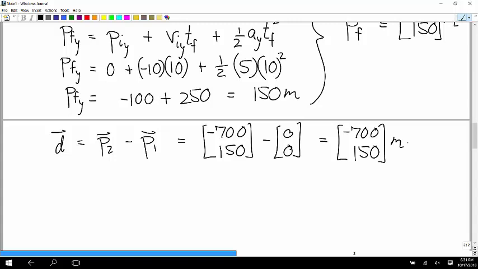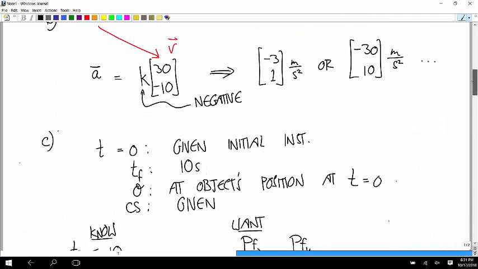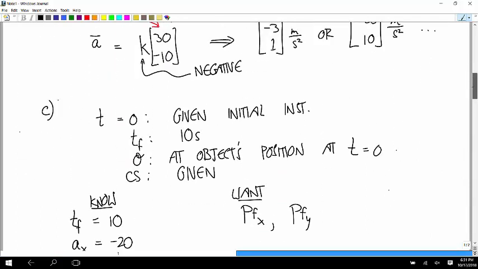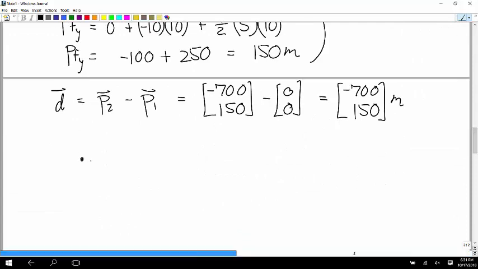Only if the velocity is constant. In this case, the velocity has a lot of different directions, because let's draw out these vectors. We're starting out with a velocity vector of 30, -10.